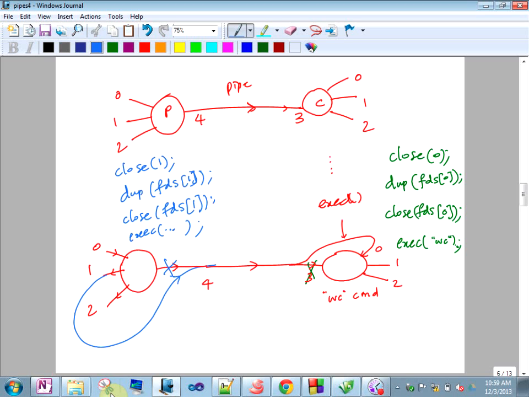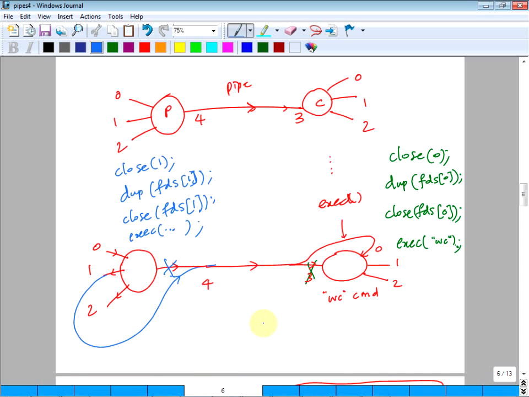So now let's see whether you can make sense out of the assignment.